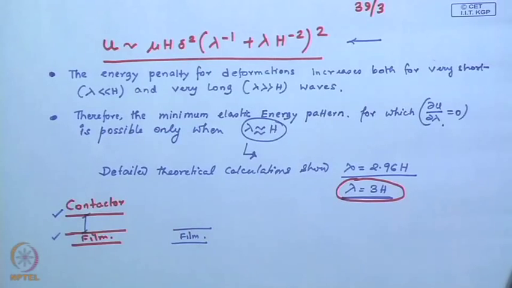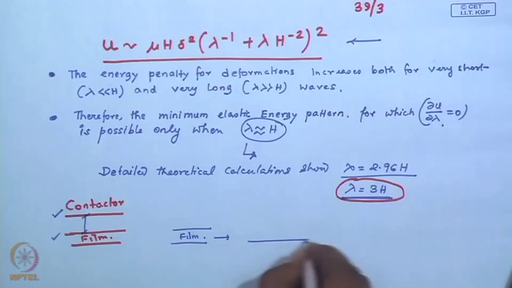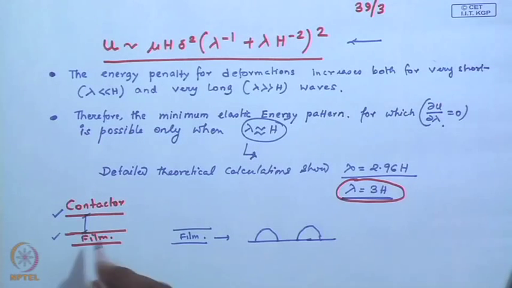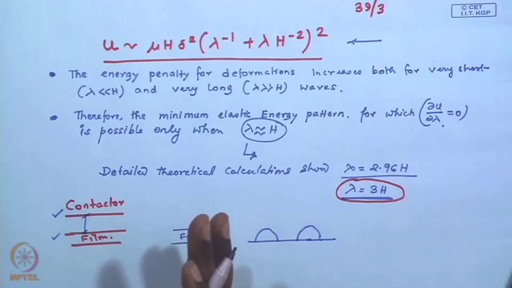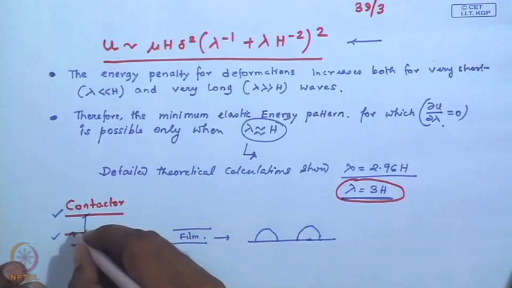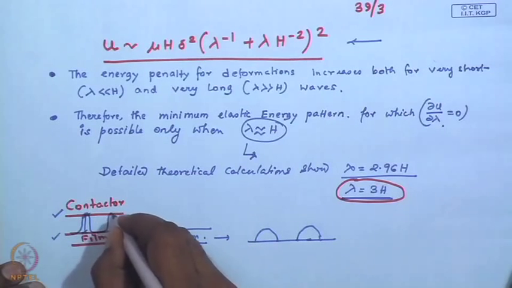And in dewetting the interaction was between the two interfaces of the film. Here the interaction is between the free interface of the film and the contactor. But the second, more important thing is that the surface evolution in case of dewetting or instability of a liquid thin film was associated with physical displacement of liquid from one part to the other, physical displacement of polymer by diffusion and convection. In contrast, here there is no physical flow of the material, either by diffusion or convection, and what you see is just an elastic deformation of a soft solid film.